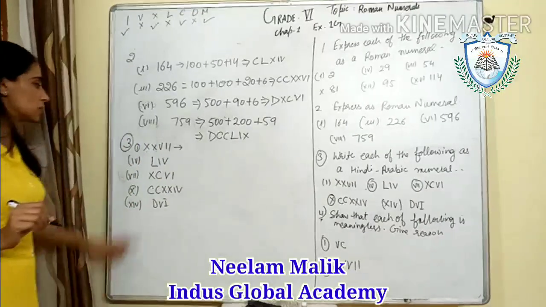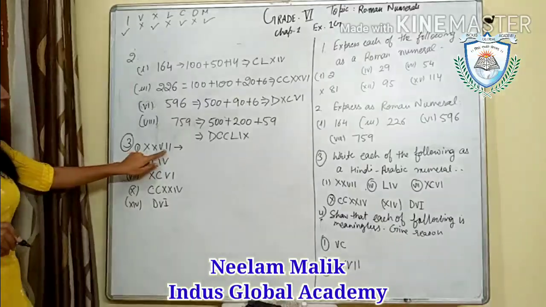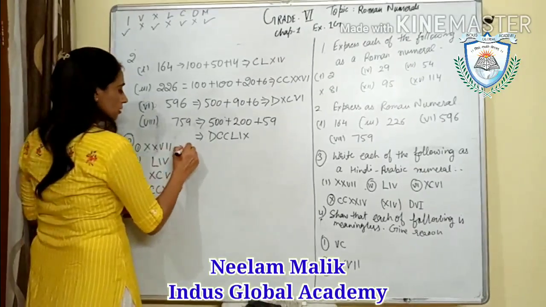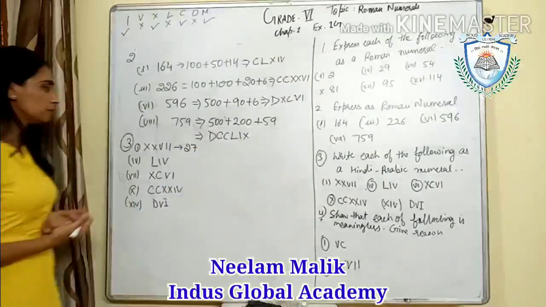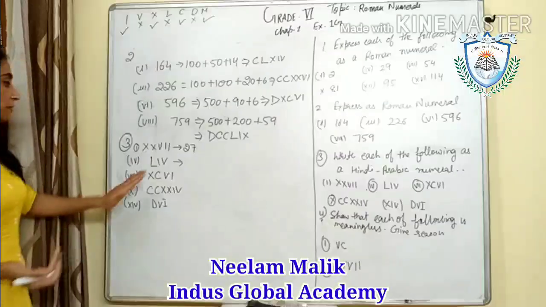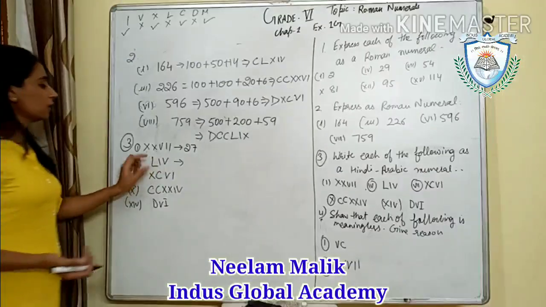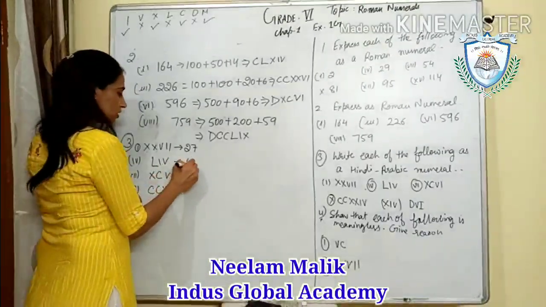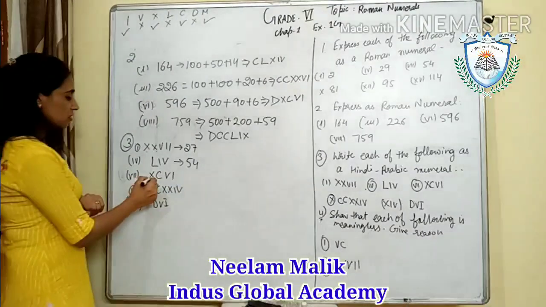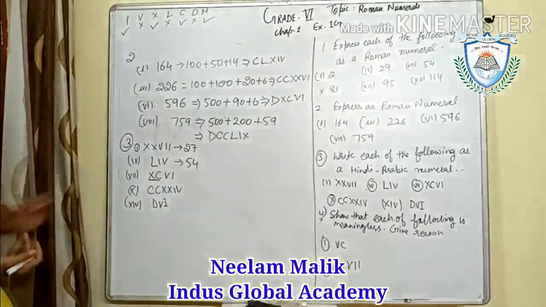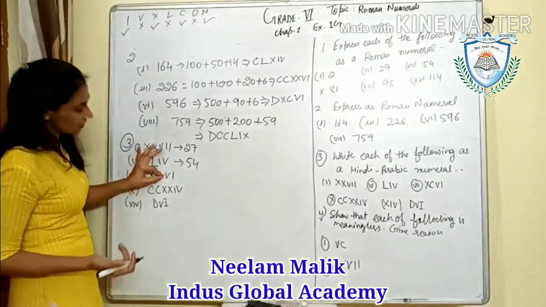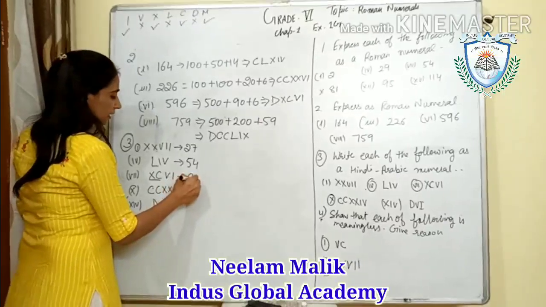XX means 20, then 25, 26 and 27. So this is our 27. Here L means 50, and this is 4. So this is our 54. Now XC combined is 90, and this is 6. So this is our 96.